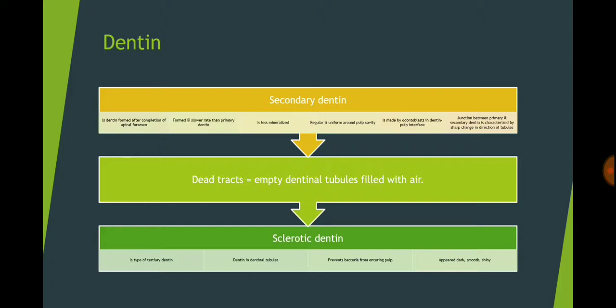Dead tracts. Now, what is a dead tract? The dead tract is an empty tubule. So when dentin tubules are filled with air, they are called dead tracts. And sclerotic dentin. Sclerotic dentin is also a type of tertiary dentin.